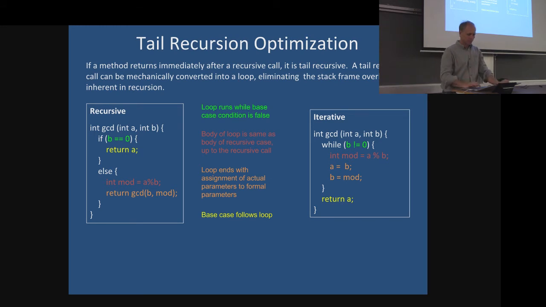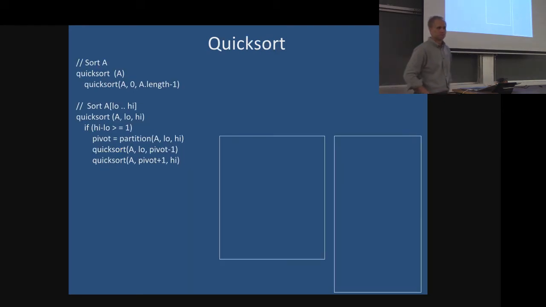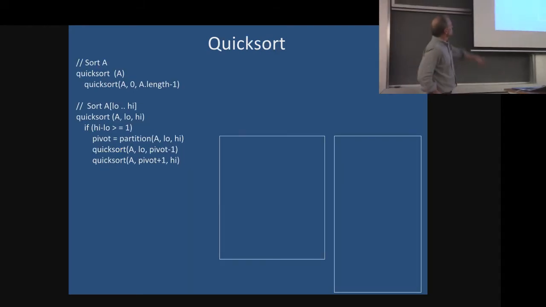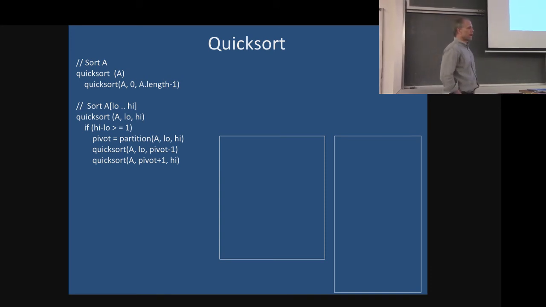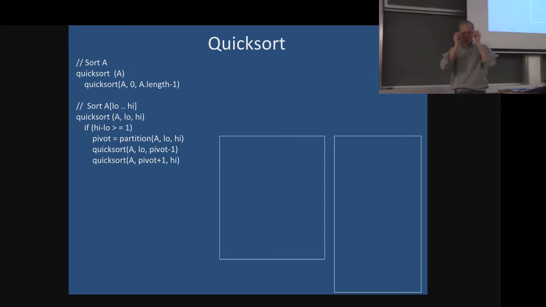So let's look at such a method. Quicksort is such a method. So there is quicksort. I claim that that second call to quicksort, the second recursive call down here, is tail recursive. Why is it tail recursive?